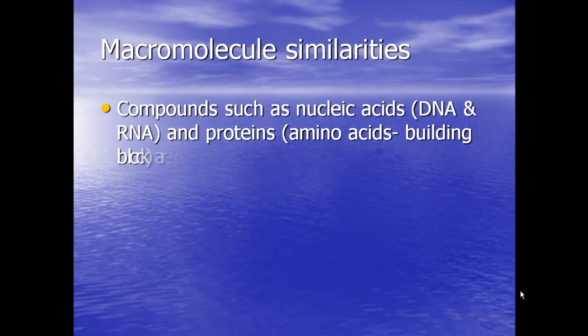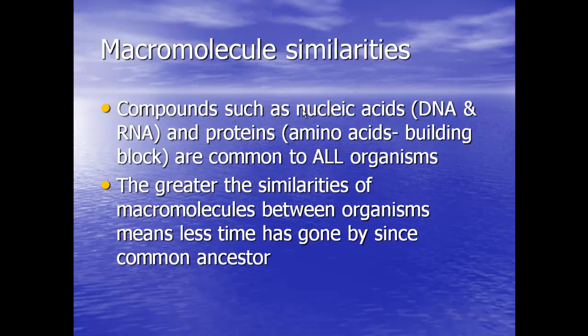These are the large molecules of life, such as DNA, RNA, and proteins, as well as the amino acids, the building blocks of protein. It's generally understood that the fewer the differences between the macromolecules of organisms, the more closely related they might be. For example, the chimpanzee is shown to have about 93% similarity in its DNA to humans. So we consider them our closest evolutionary cousin.